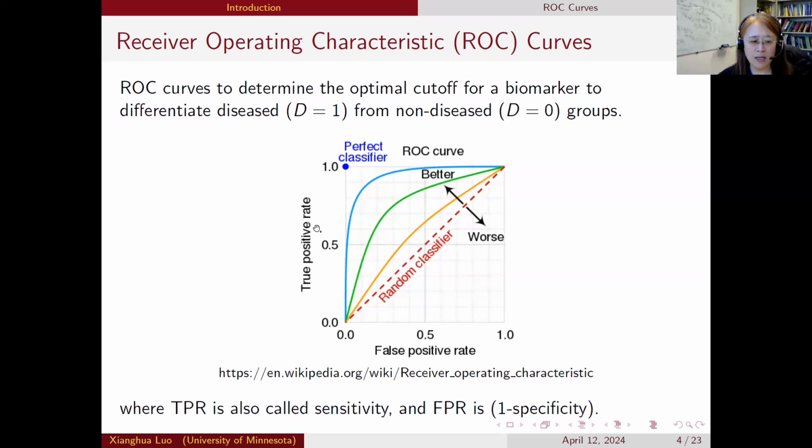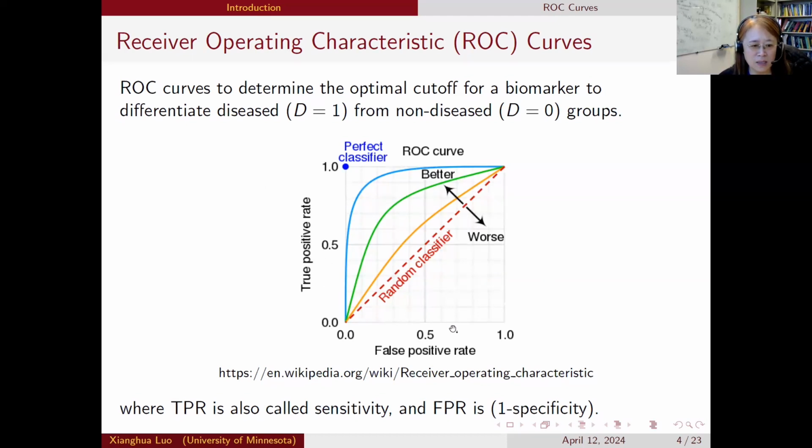So I stole this figure from Wikipedia. It's very colorful, but you can see that the typical ROC curve for determining the optimal cutoff for a biomarker for disease screening can look something like this, okay?